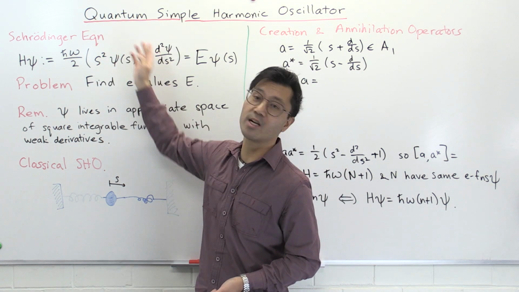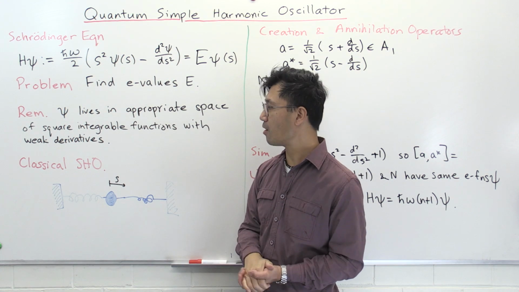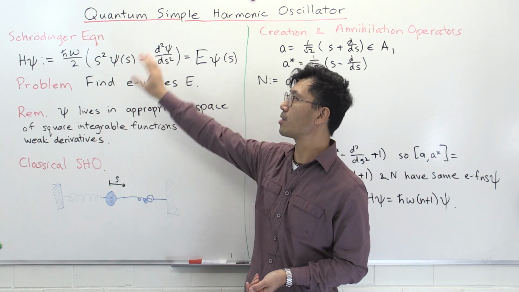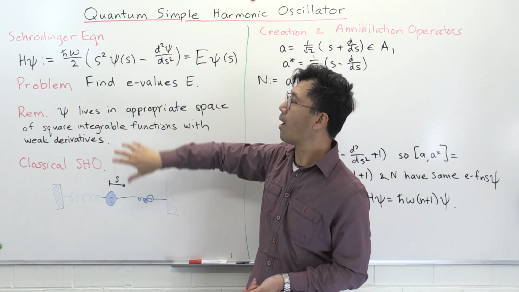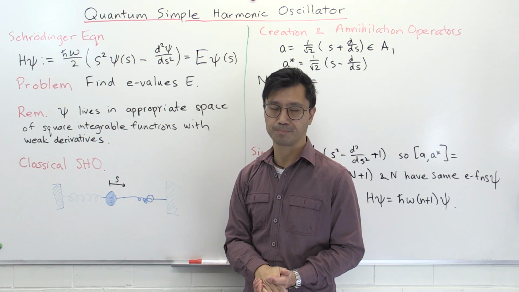So this is the potential energy term, and this is the kinetic energy term. This is essentially the Schrödinger equation, which gives the quantum version of this classical simple harmonic oscillator.